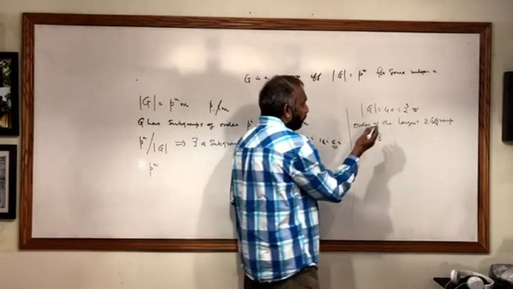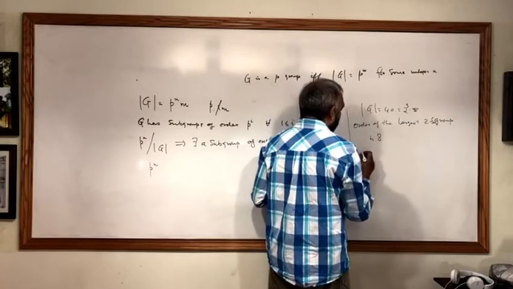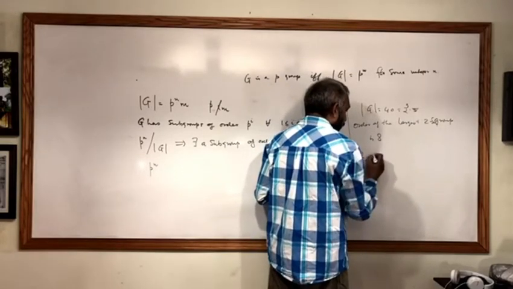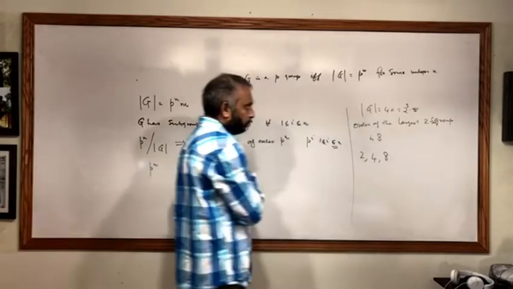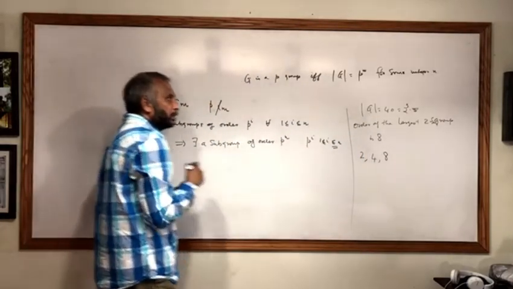We have subgroups of order 2, we have subgroups of order 4, and we have order 8. And that is the maximum.